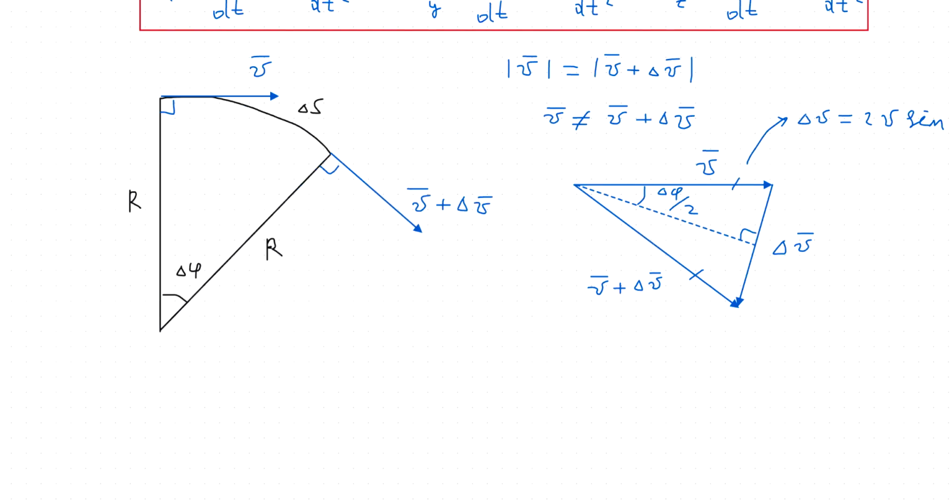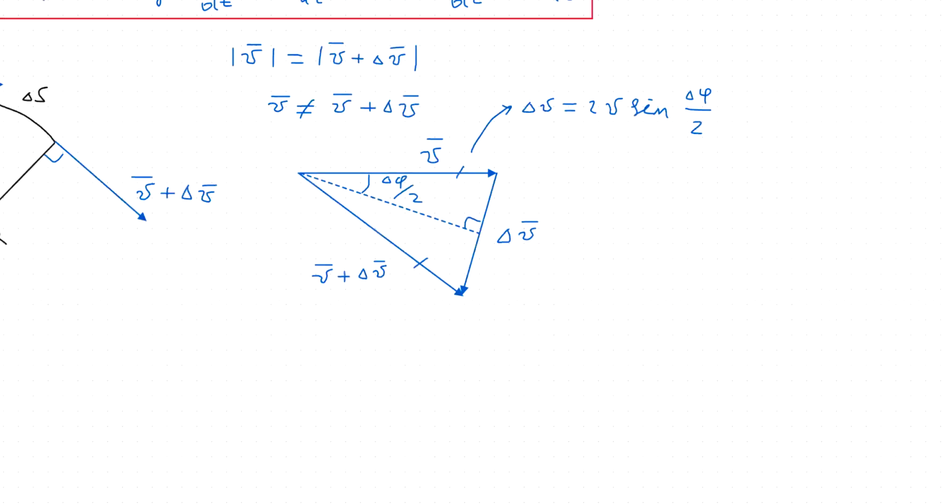Let's consider increase of velocity during the infinitely small time. When time is infinitely small, increase of velocity, this dv, will be also infinitely small, and it will be equal to 2 multiplied by v multiplied by sinus of infinitely small angle divided by 2.